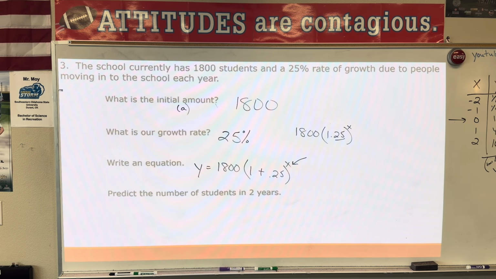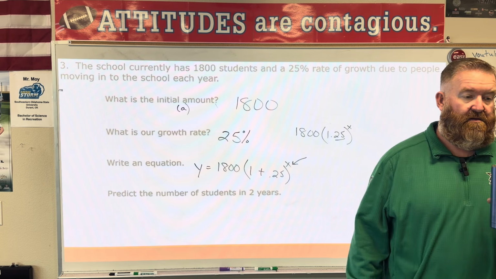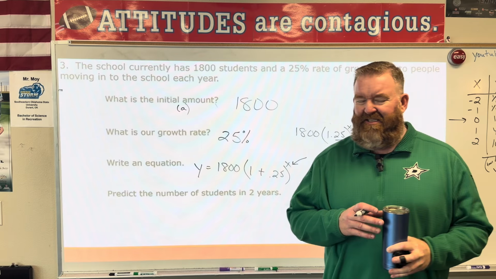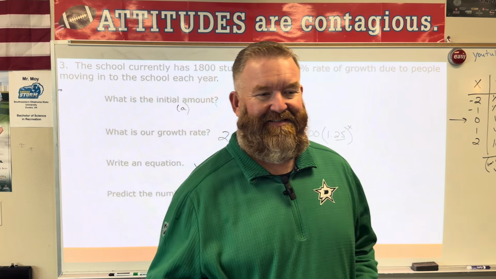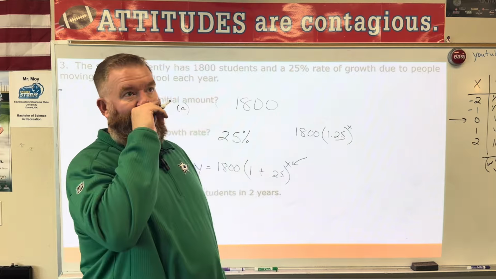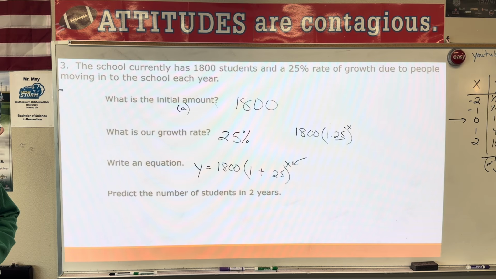If it works, but yeah, here in a second I'm going to show you how to do a table. That's a lot of work though. I would rather you just put it in the equation. Yes. What'd you get?